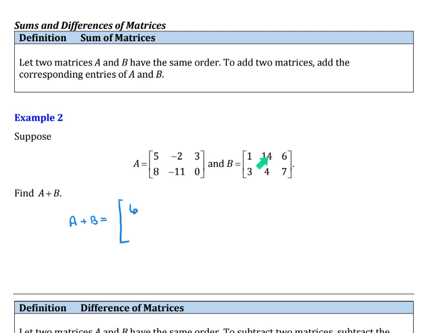Negative 2 plus 14 is 12. 3 plus 6 is 9. 8 plus 3 is 11. Negative 11 plus 4 is negative 7. And lastly, 0 plus 7 is 7.